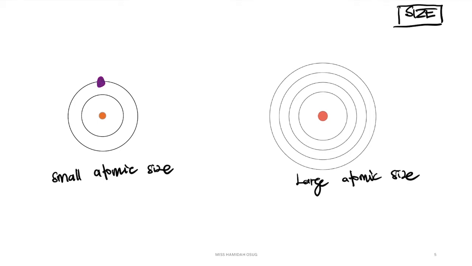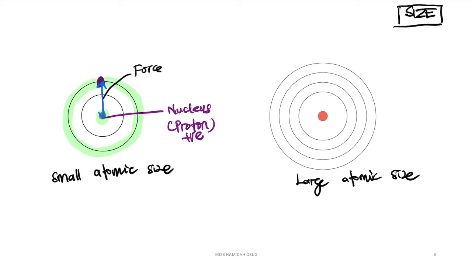We know that at the center of each atom we have the nucleus, in which the proton is located that has positive charge. We also know that when the atomic size is small, what is happening to the force of attraction? Actually, the force of attraction will be stronger when the atomic size is small.